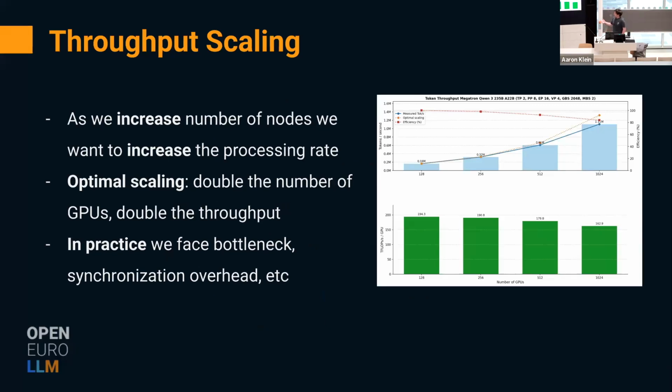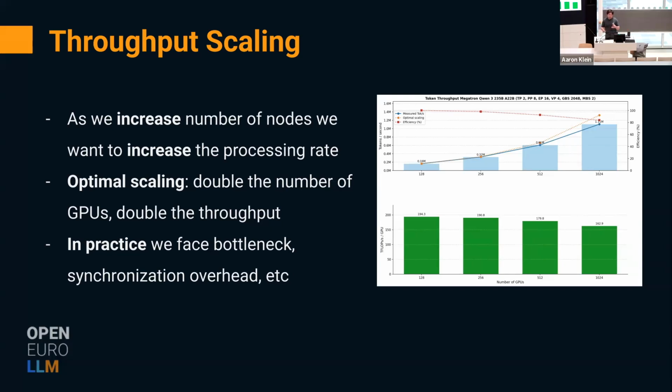However, with large compute comes large responsibility, because we want to use this compute most efficiently, right? Which means we need to make sure that if we scale our training process and parallelize it with more GPU nodes, we also increase our processing rate, right? Ideally, if you double the number of GPUs, we double the throughput.